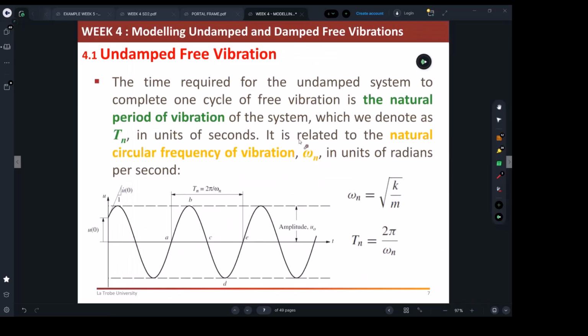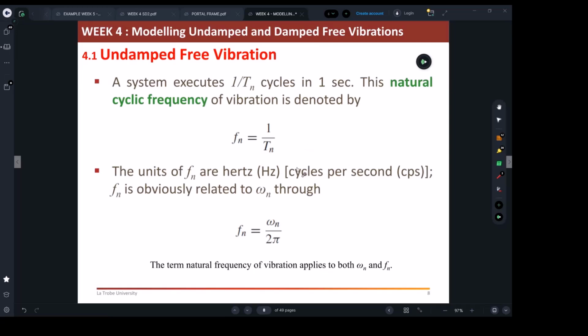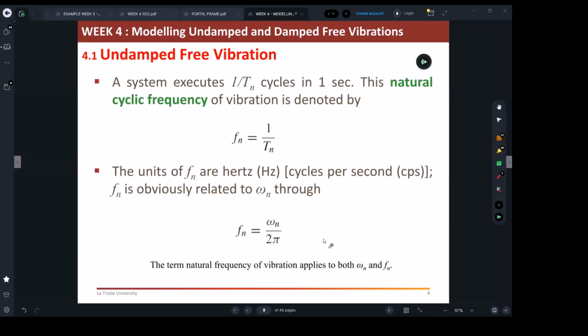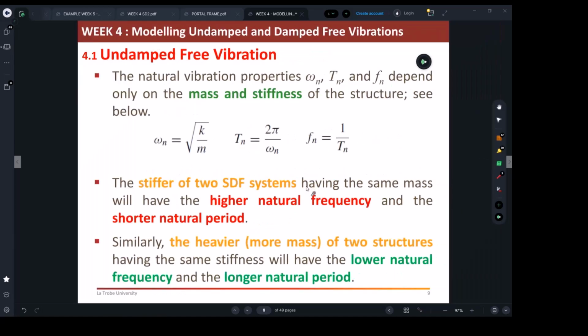Just in case students get a bit mixed up, there is a relationship between the cycle frequency and the circular frequency by using 2 pi. Very basic things. I'm sure you've used them in the past, being master students, and just try to remember these properties and relationships, because we're going to be using them more and more.